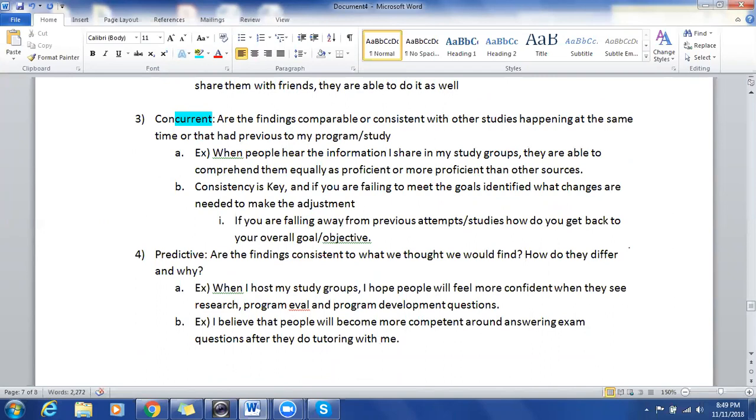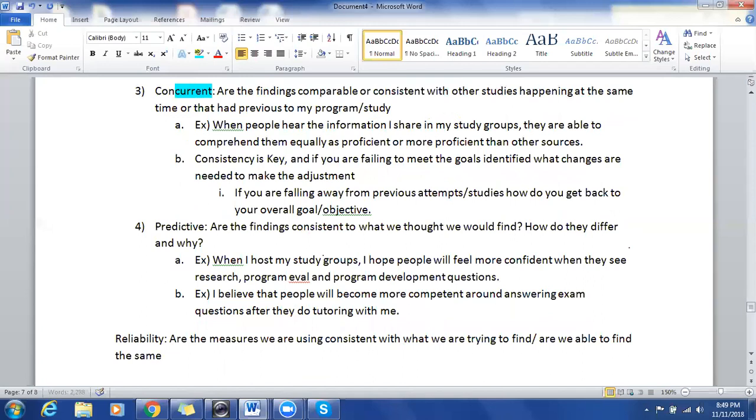And then the last term, which is closely related to validity, is reliability. And basically this is saying, are the measures we are using consistent with what we are trying to find / are we able to find the same results with future attempts?